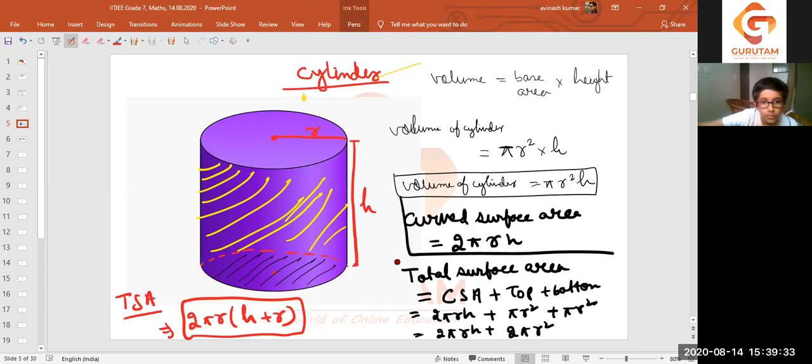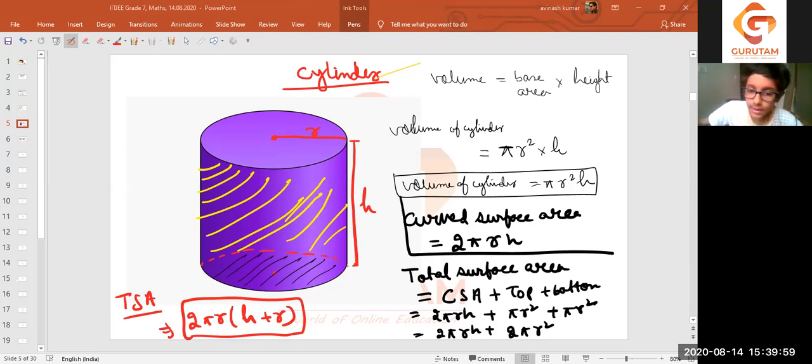Make a note, all. Volume, curved surface area and total surface area. Make a note fast. Note it down. Volume, that I have already written. So curved surface area is equal to 2 pi r h.